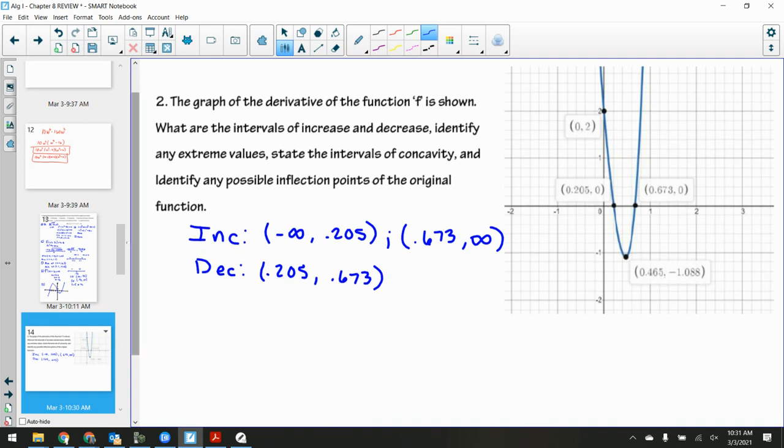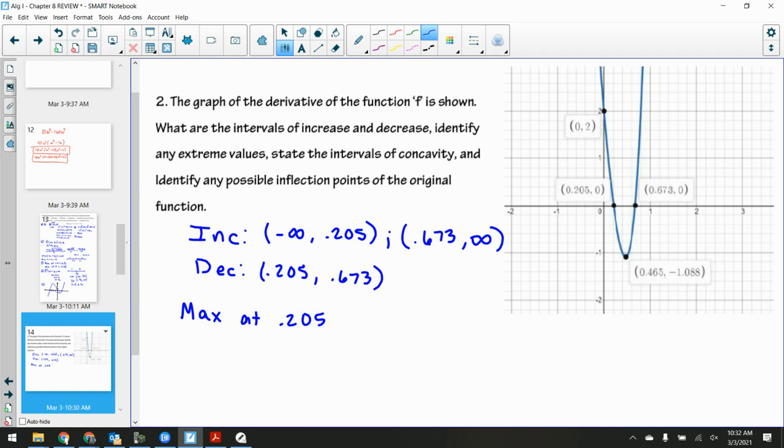There are 2 extreme values. There's a maximum and a minimum. Look, it's increasing and then it switches to decreasing. So what goes from increase to decrease? A maximum point. I know there's a maximum point at 0.205, and I don't know what the y value is.